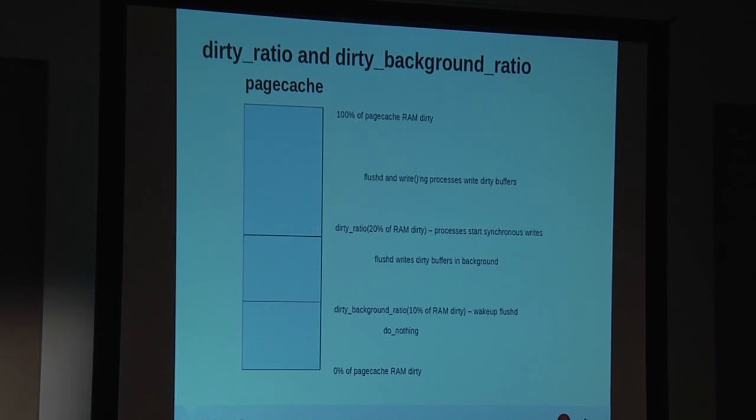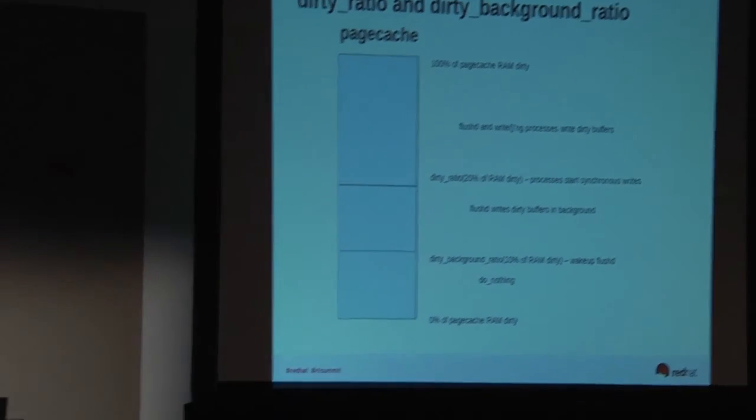We basically do nothing with respect to writing modified pages back to disk until we get to the dirty background ratio, which is 10% by default. Then we start asynchronously flicking pages back to disk, and as we get higher, we more aggressively do it, to the point where we hit the dirty ratio, we stop the processes from running and aggressively write them back to disk.